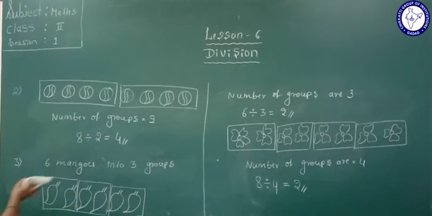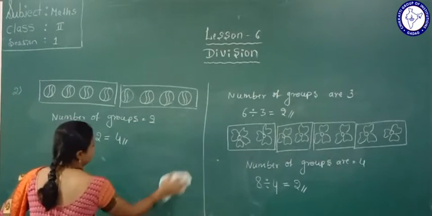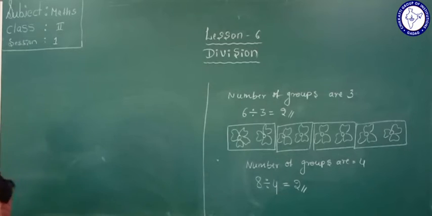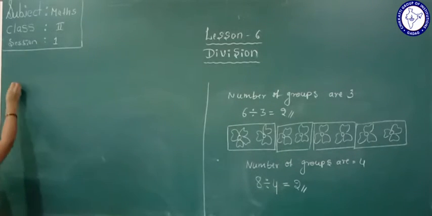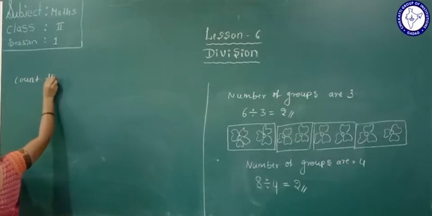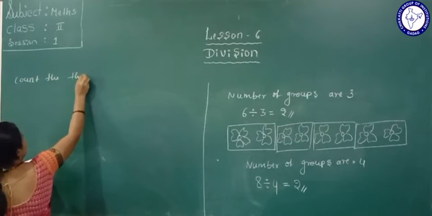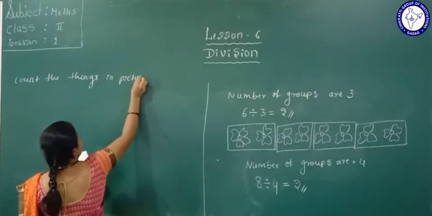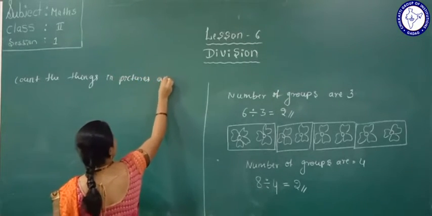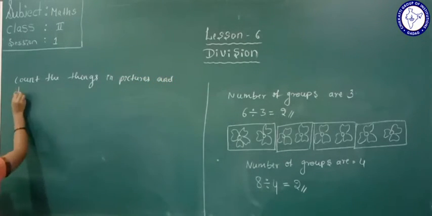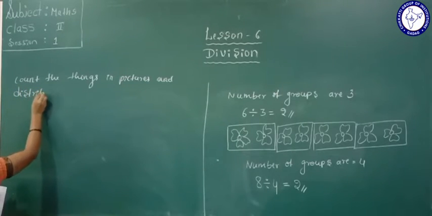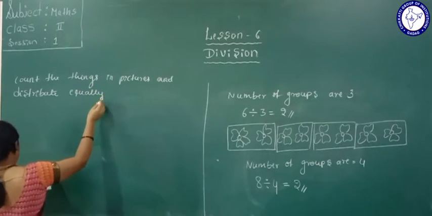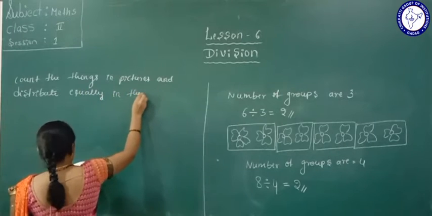That is, count the things in pictures and distribute equally in the trays.